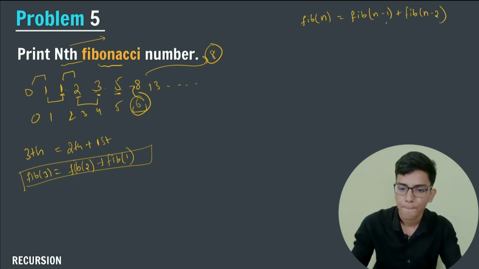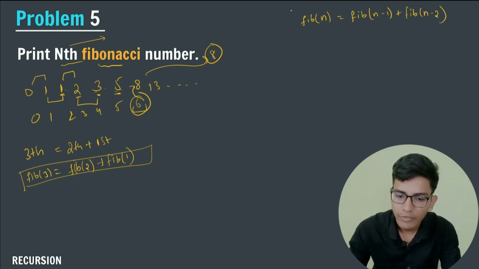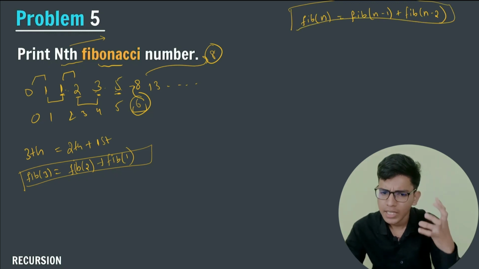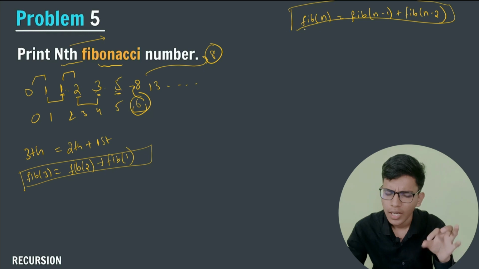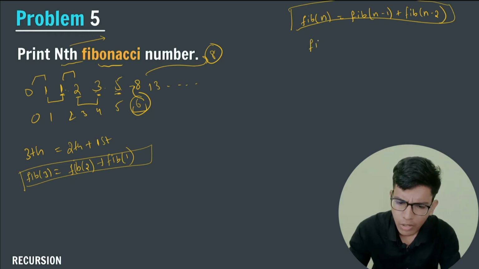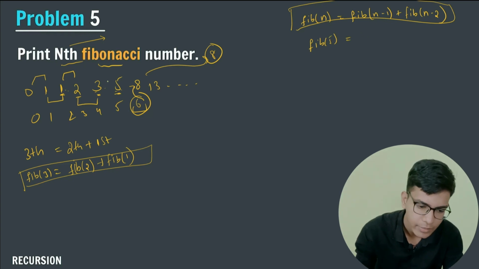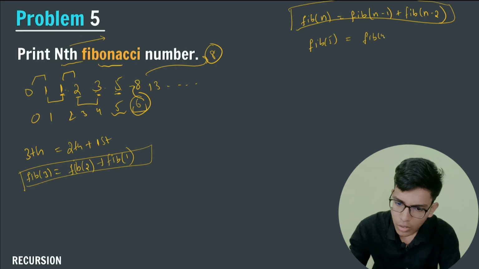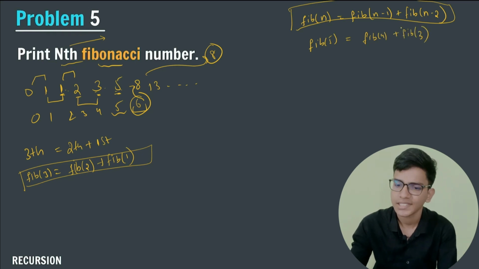Okay, this is the formula for finding my Fibonacci of the nth number. Imagine my recursive function, for example: Fibonacci of 5 is equal to Fibonacci of 4 plus Fibonacci of 3, that is, n minus 1 and n minus 2.